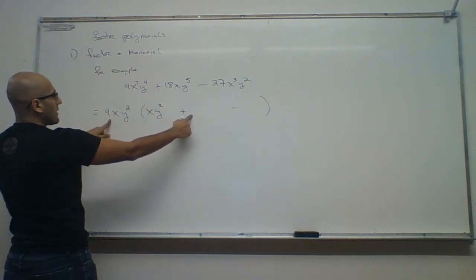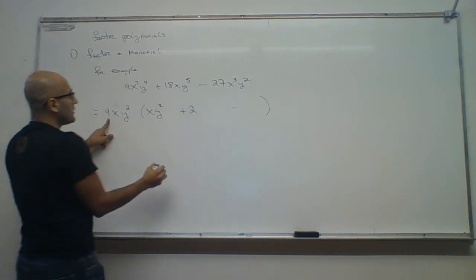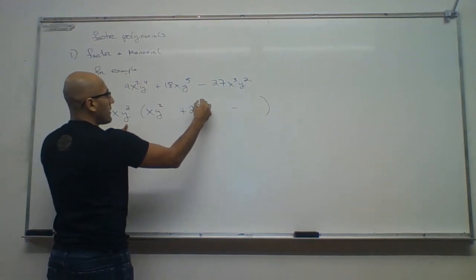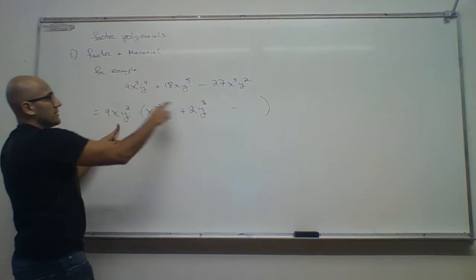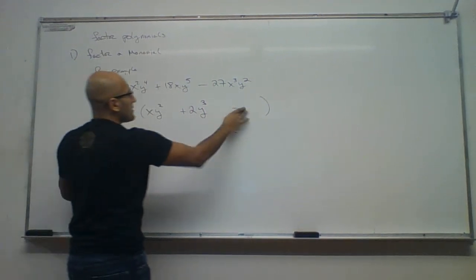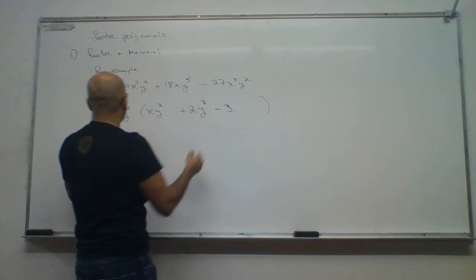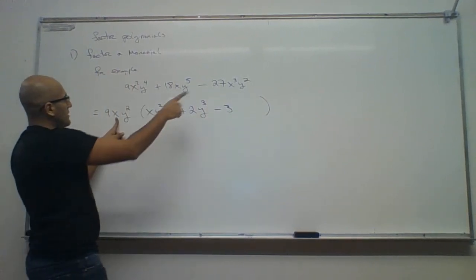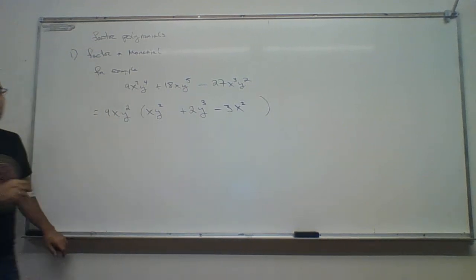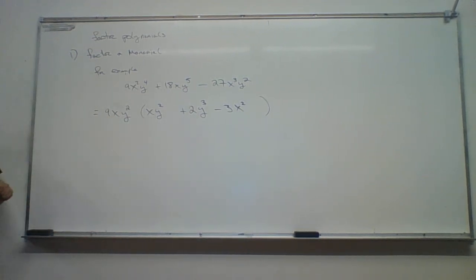Then blank times 9 is 18, so there's a 2 in there. No x is required, and then y to the power of 3. So this times this equals that. Minus, and then 9 times 3 equals 27, and then the x squared value there, and we don't need a y. Got it.